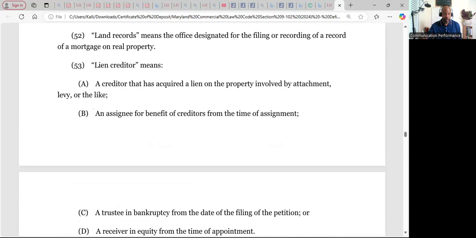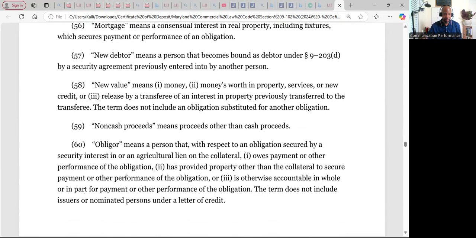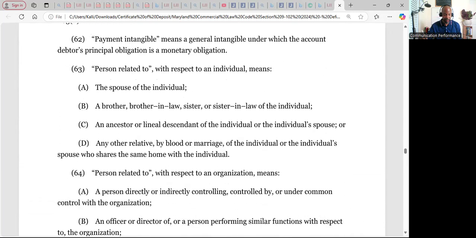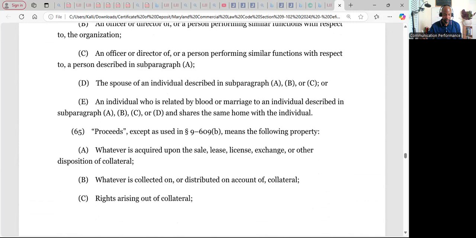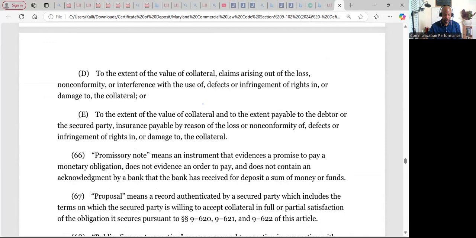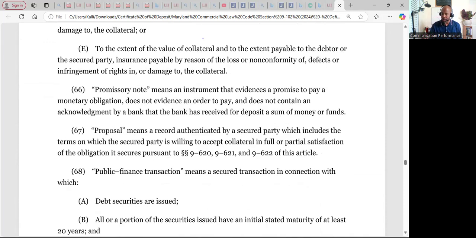So we're going to go to Division 66, where the definition of a promissory note is defined.